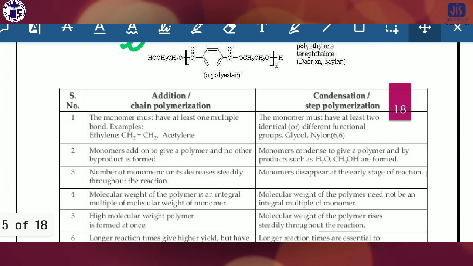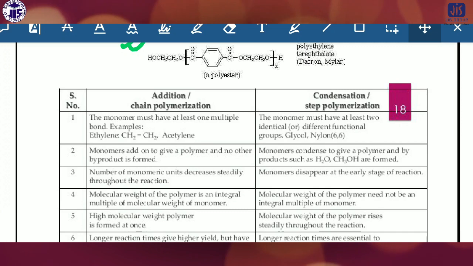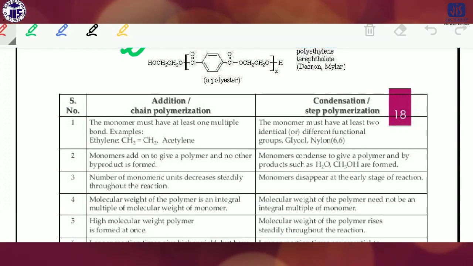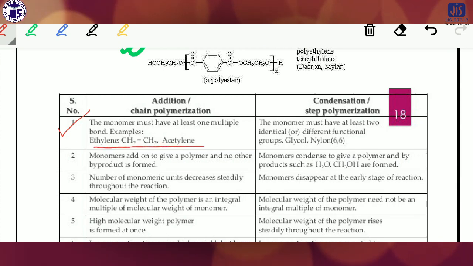In addition polymerization, as I told you, the monomer must have at least one multiple bond, for example a double bond, triple bond, etc. But in condensation polymerization, the monomer must have at least two identical or different functional groups, because in condensation or step growth polymerization the reaction occurs between the two functional groups.